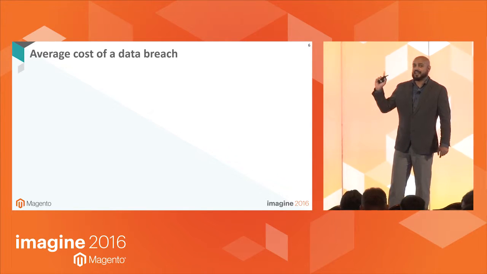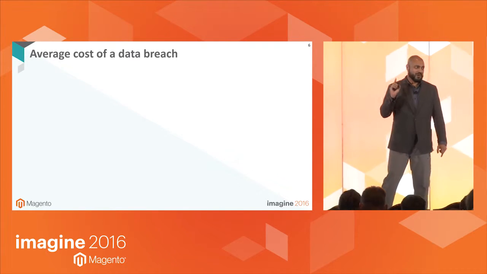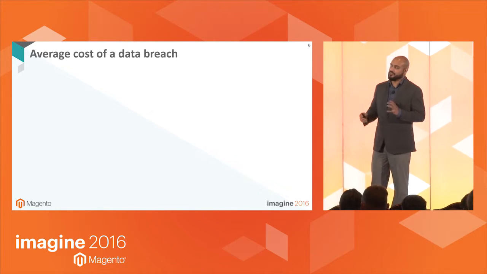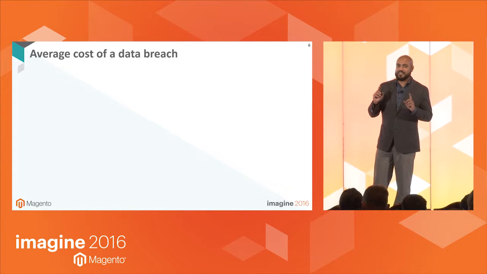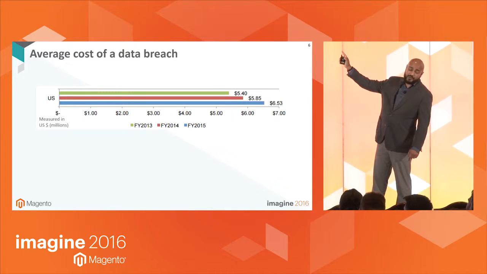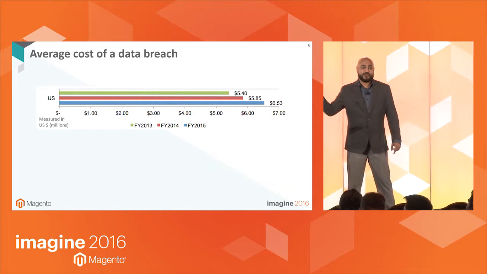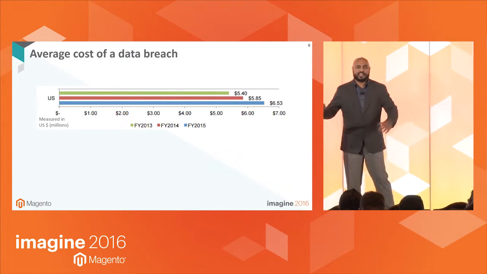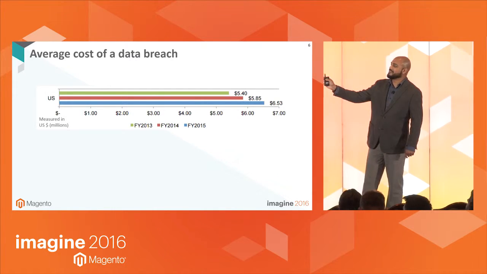And a chart is coming up here, and I promise it's the only chart I have. But I really wanted to share this with you guys. I know some of you are thinking, what could this number be? This is the average cost of data breaches for organizations for the last 3 years. That's $6.53 million US for 2015. And we could just assume it's going to be even more for 2016.